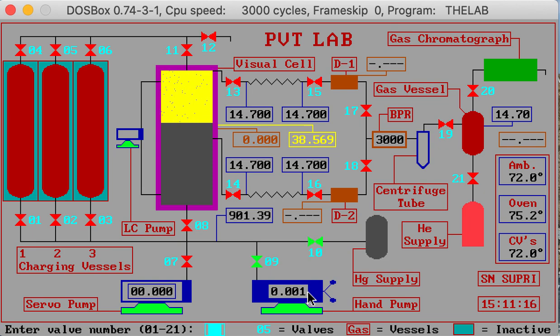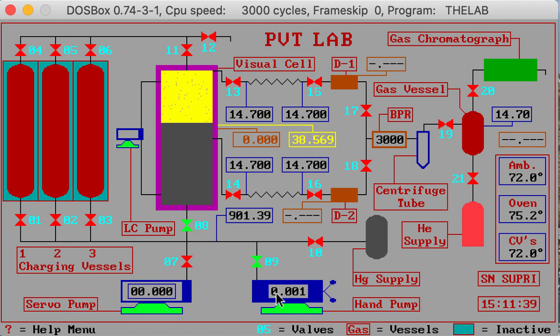Now I'm going to close valve 10 and open valve 8. Now I have a hand pump which is empty and I can keep removing mercury. So in case your hand pump gets close to 30 cc's, because the capacity of the hand pump is 30 cc, you just disconnect it from the visual cell, connect it to the supply, and you remove.